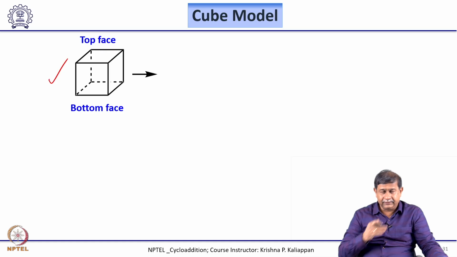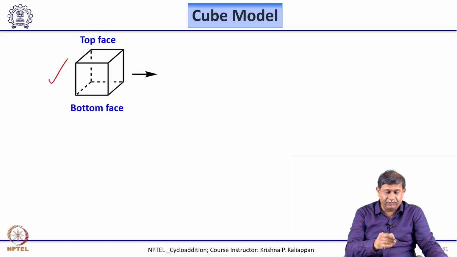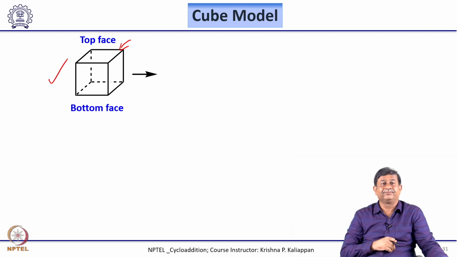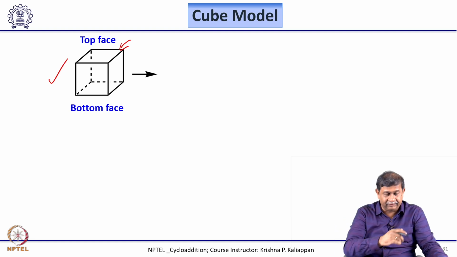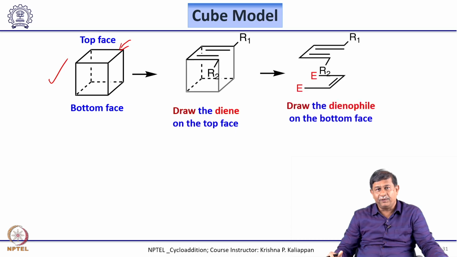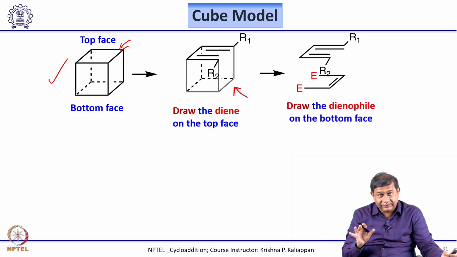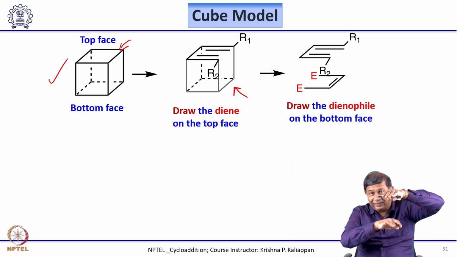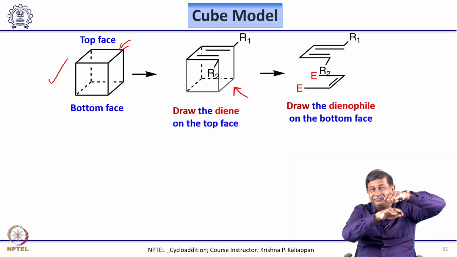Okay. And when you draw the cube, what you should know is this: the top 4-membered ring, you put the diene in. Now the bottom 4-membered ring, you attach the dienophile. For this particular model, please assume that the diene is in the plane and the dienophile is coming from the bottom face.